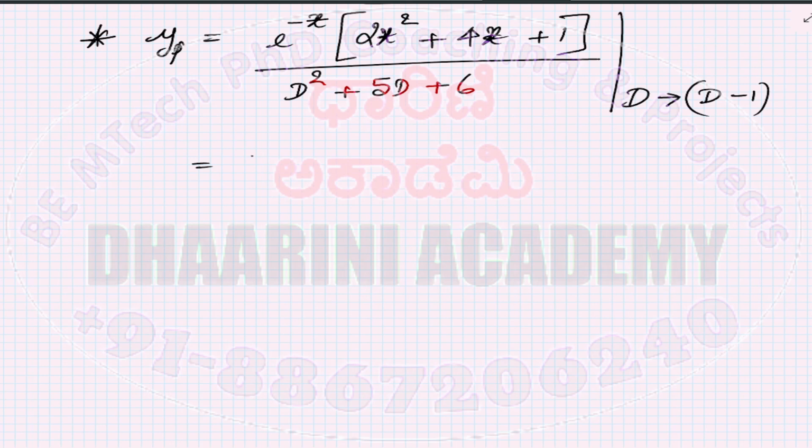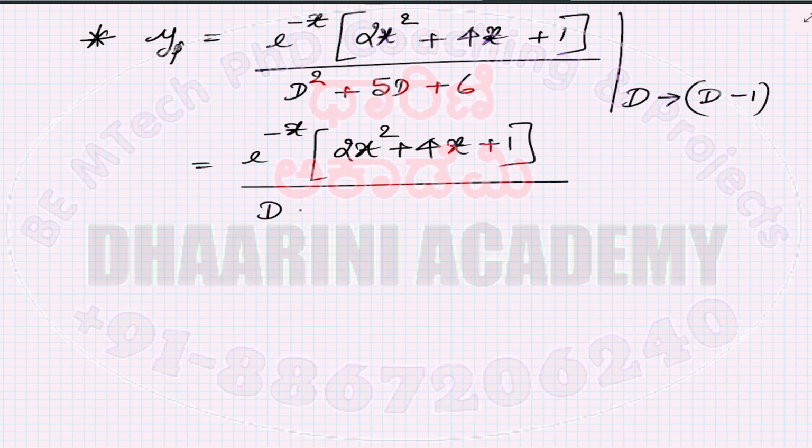This means it is equal to e to the minus x into 2x square plus 4x plus 1 whole divided by d minus 1 the whole square plus 5 times d minus 1 plus 6.